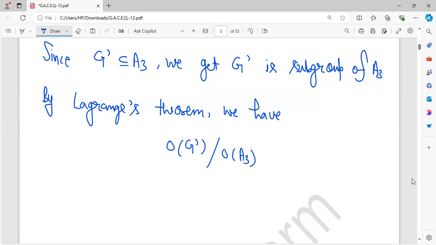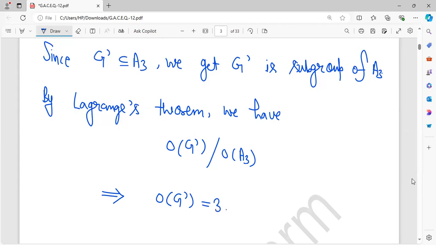So what are the possibilities? The order of A3 is 3, so the natural numbers dividing 3 are either 1 or 3. But the order of G dash is greater than 1, so the only possibility is 3.